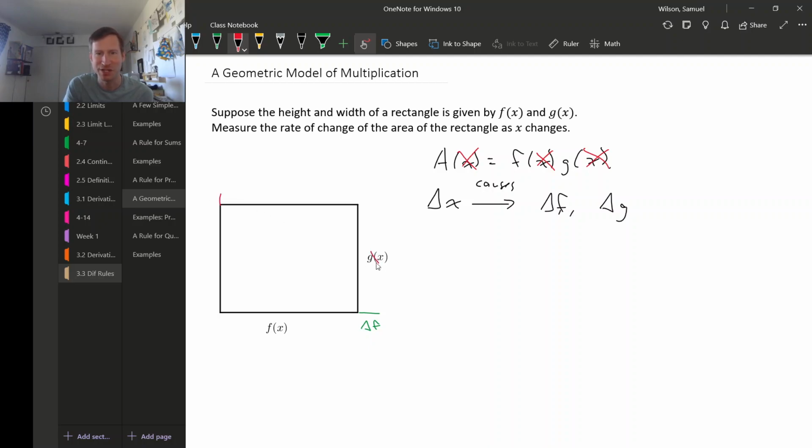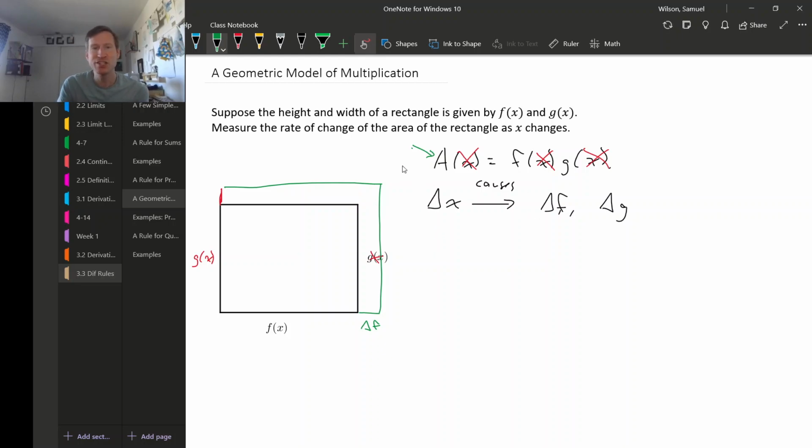So maybe I should have put this label over here. G also gets a little bit bigger. And this causes a change in the resulting area. So to get some idea of what the derivative of a product is, we should figure out what is the rate of change of the area as we change x.